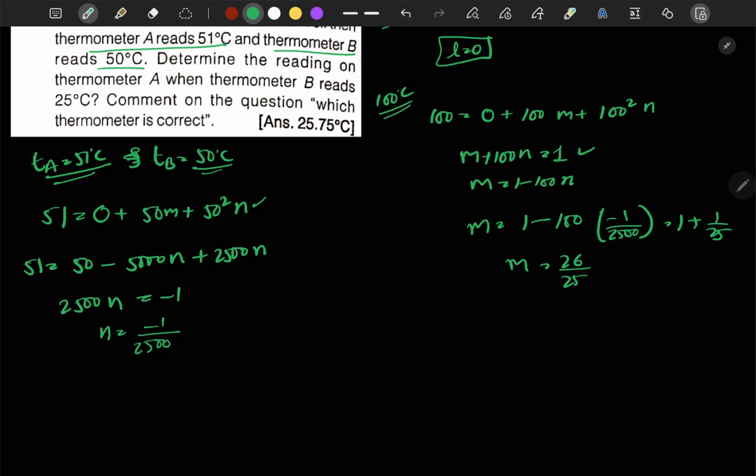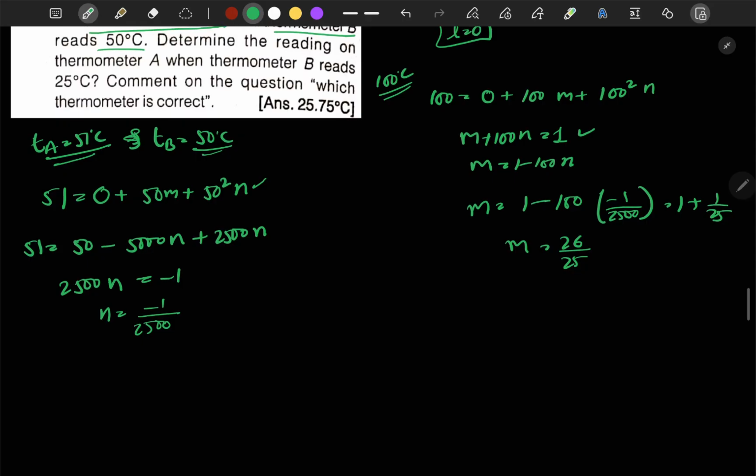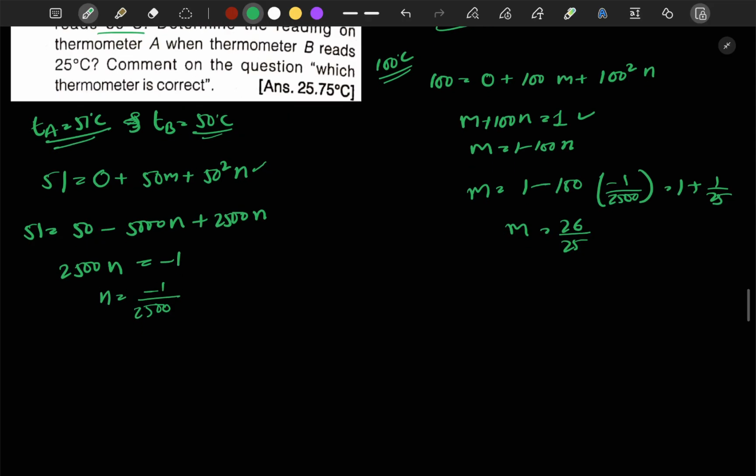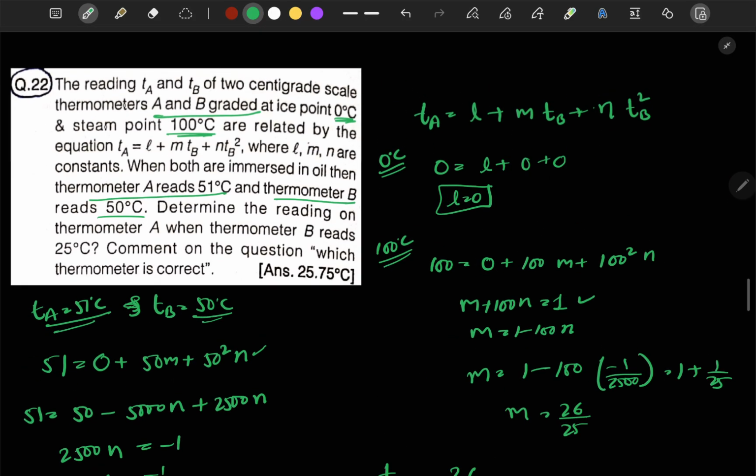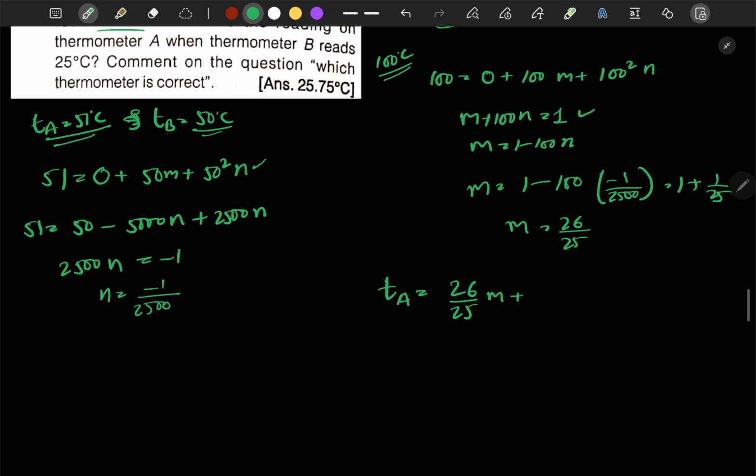Okay, so we have all the values, so we can write the equation TA is equal to L, which is 0, plus M, which is 26 by 25, times TB, plus minus 1 by 2500 times TB square.